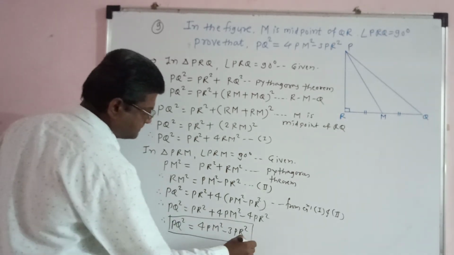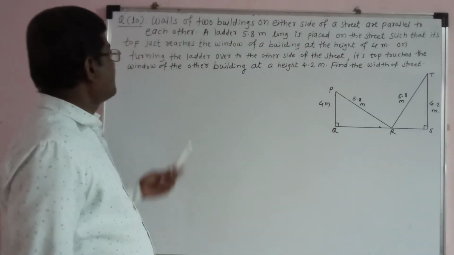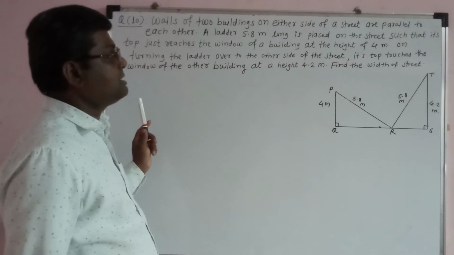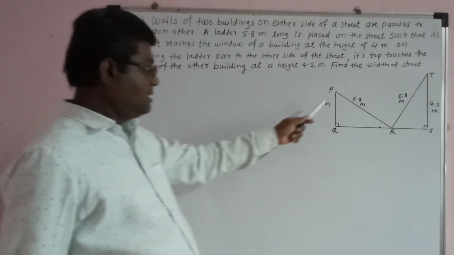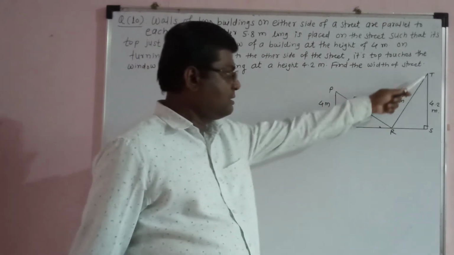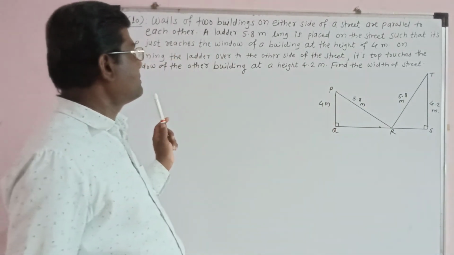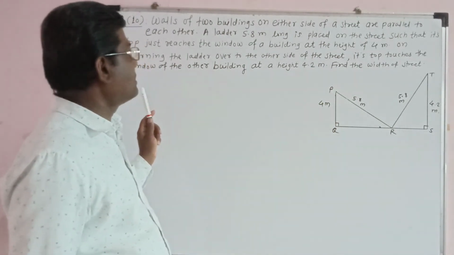Now example number 10. Walls of two buildings on either side of a street are parallel to each other. PQ and TS are the walls of two buildings and which are parallel to each other.